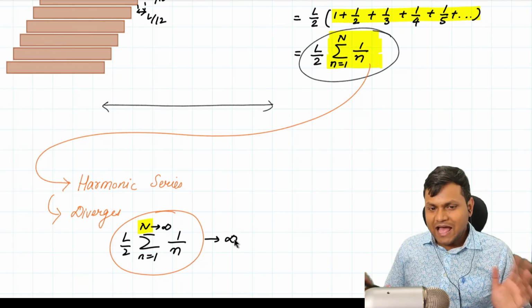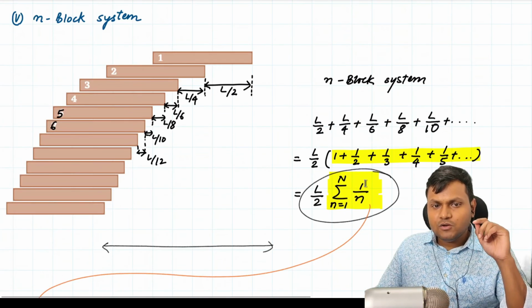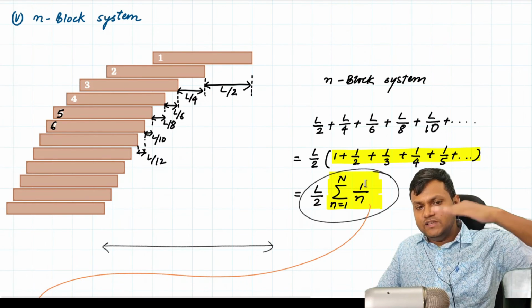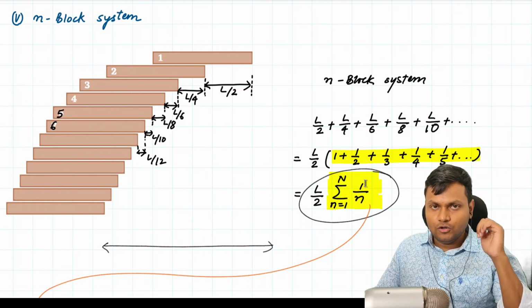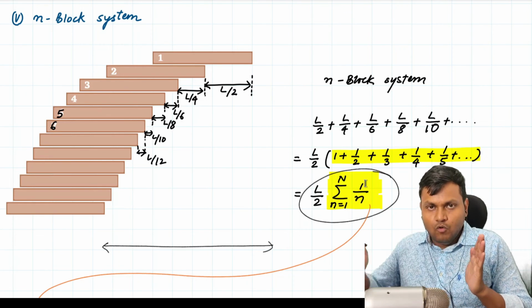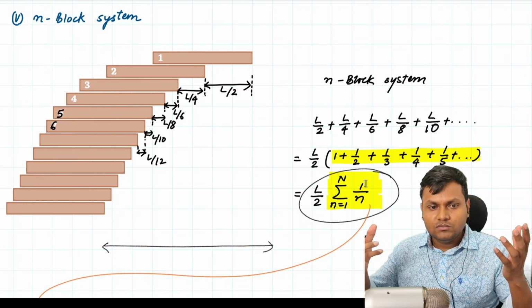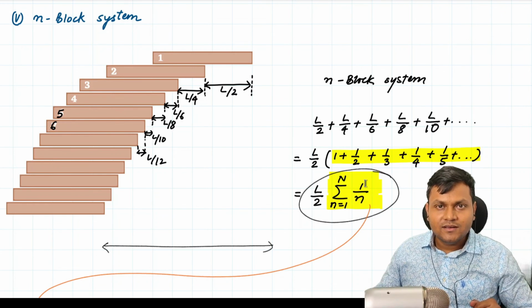We have found out the answer to our original question. What was our original question? Our original question was how many of these blocks we can stack on top of each other so that we can achieve maximum overhang, that is, maximum distance from the edge of the table, without disbalancing the configuration.